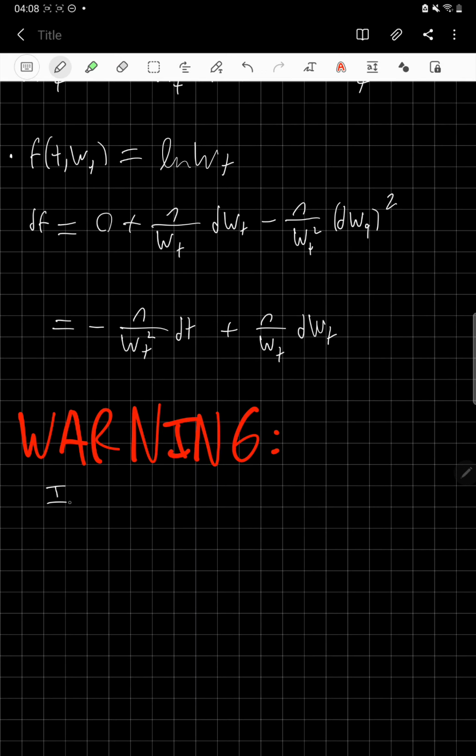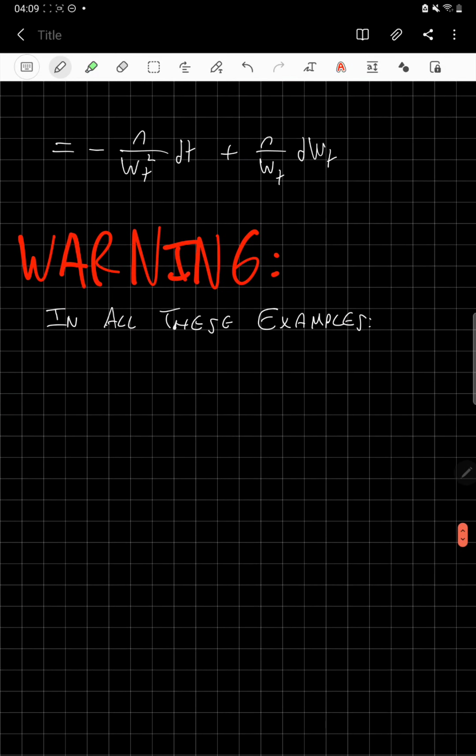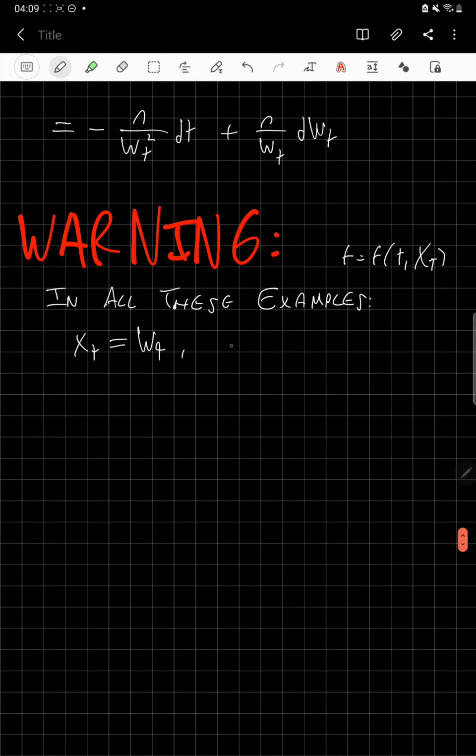In all these examples, usually we have that f equals f of t, x of t. But in all of these examples I have had x of t equal Wt, and therefore dxt equals dWt.